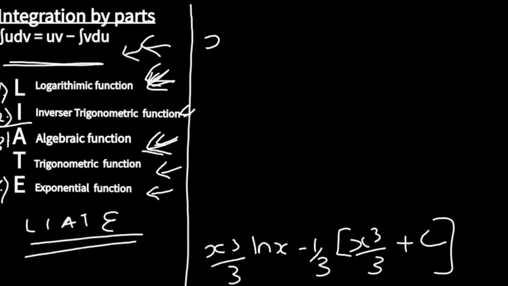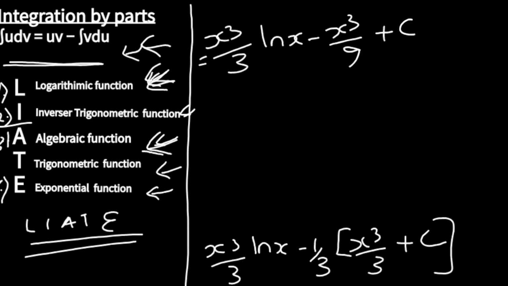This is going to be x cubed over 3 ln x minus x cubed over 9, right, plus c. So this is the answer.